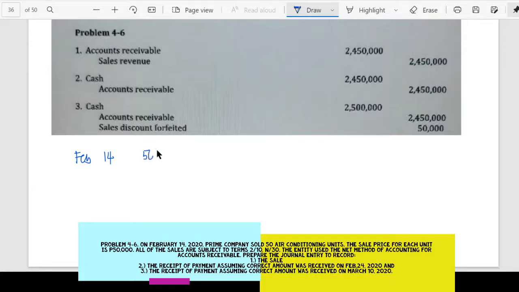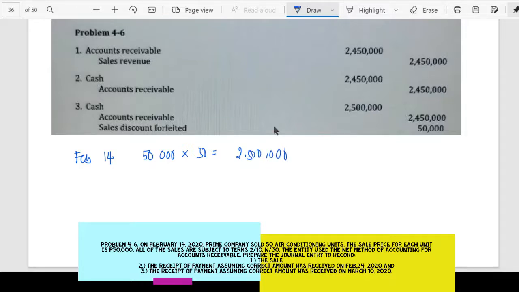So, therefore, ang total nga nahalin is 50,000 times 50. So, pila man na siya? 50,000 times 50. So that's 2,500,000. Okay.